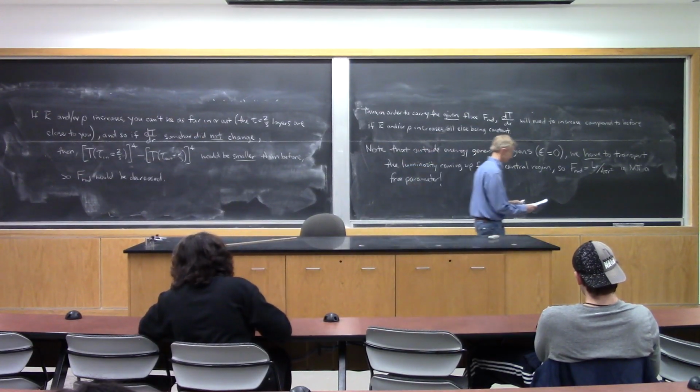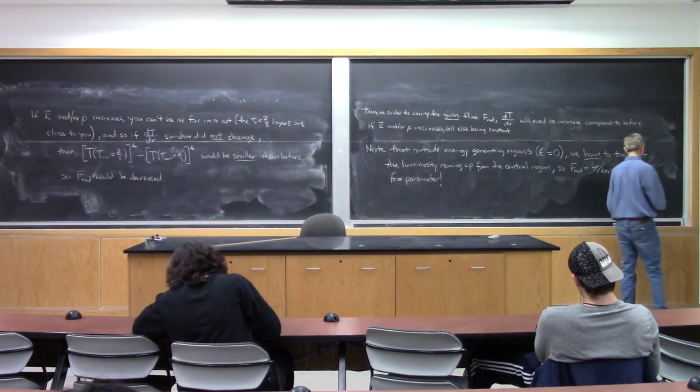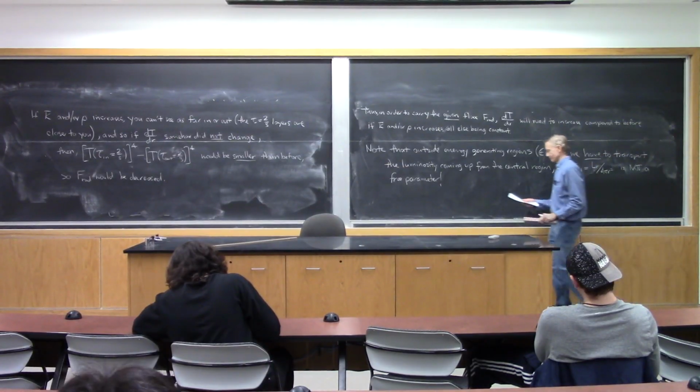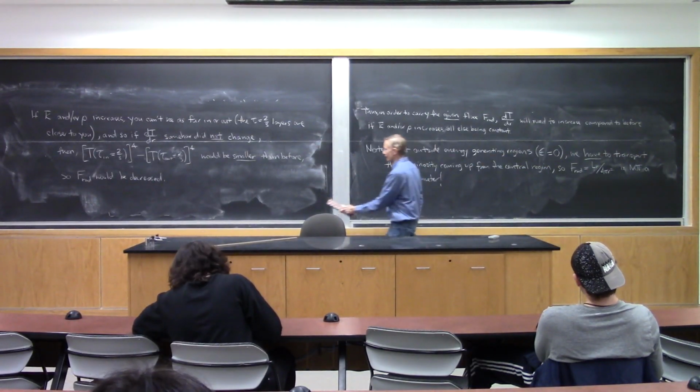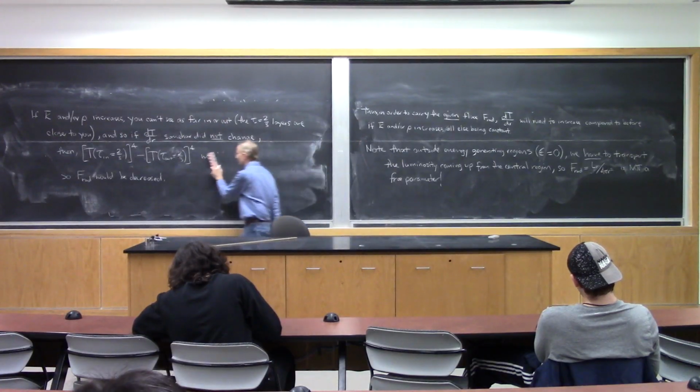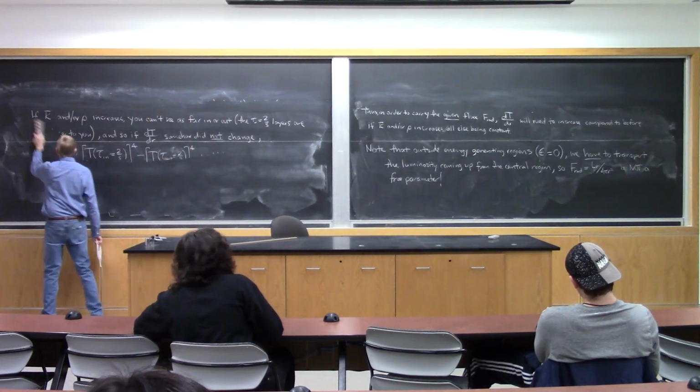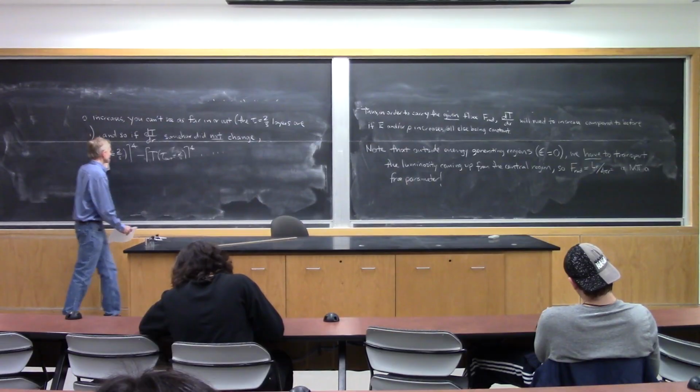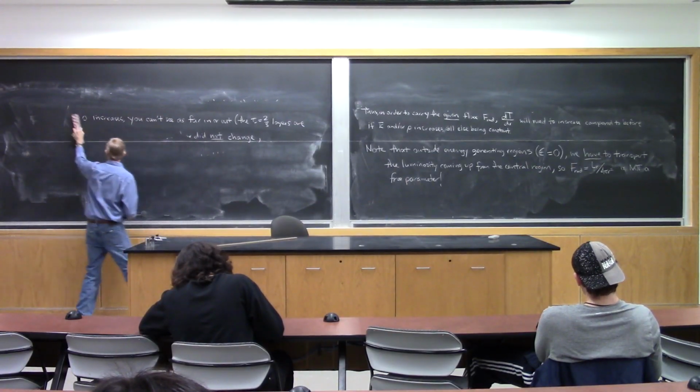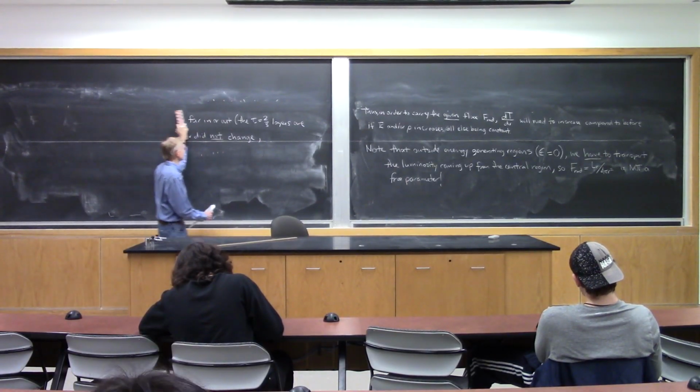That was part of the argument too, that you don't get to just change it however you like. The star's got to do what a star's got to do. It's got to support itself against its own weight.